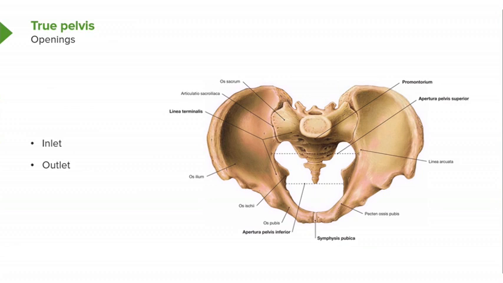The true pelvis has two openings, an inlet and an outlet. The inlet is where you have your linea terminalis, and then the outlet would be the area located inferior to that.